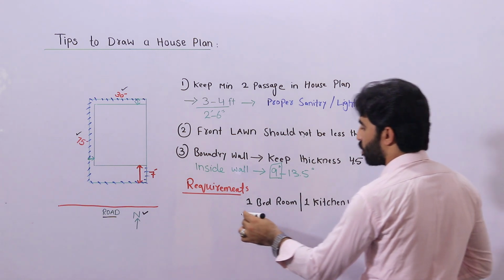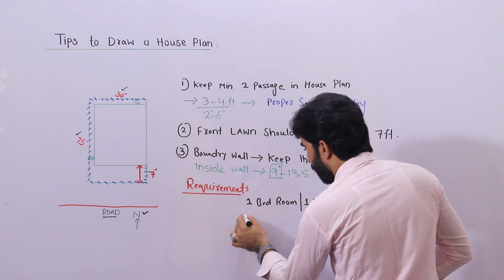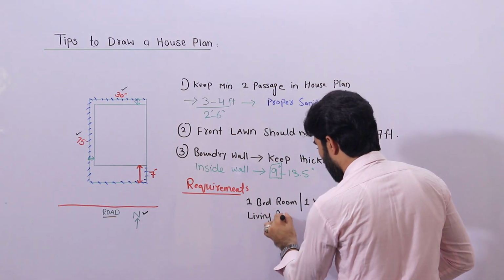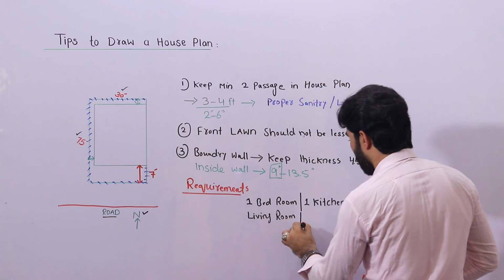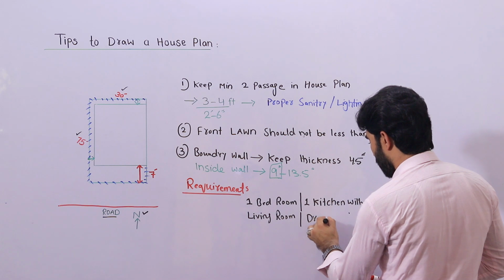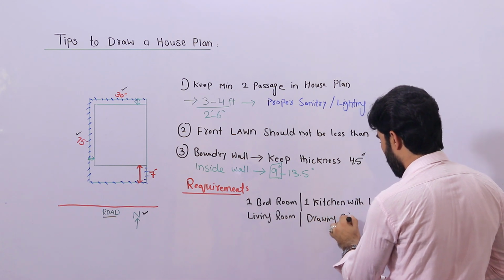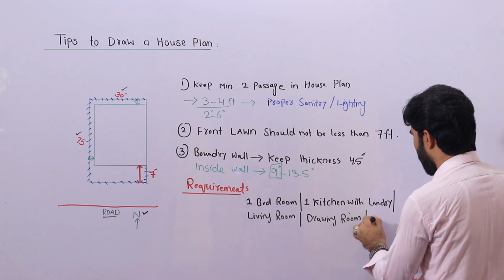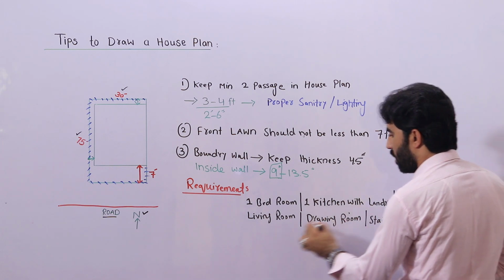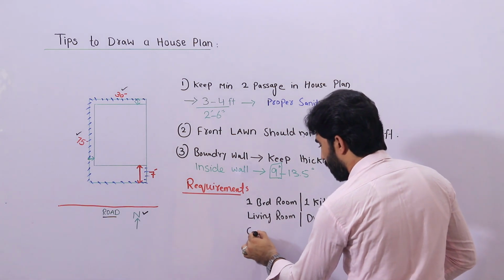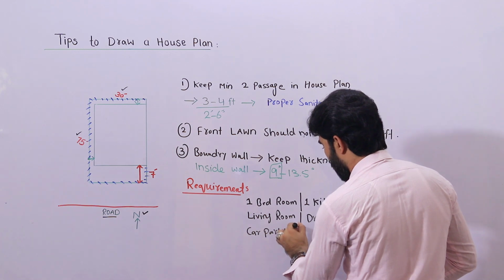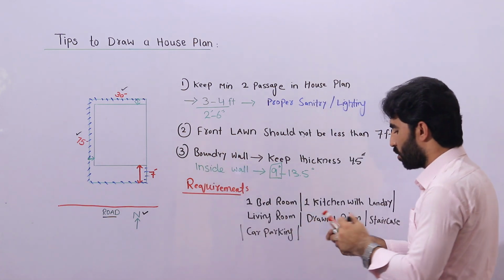The next one is living room, the other one is drawing room, and staircase, and the last one is car parking. Okay, these are the requirements in this plot, okay?